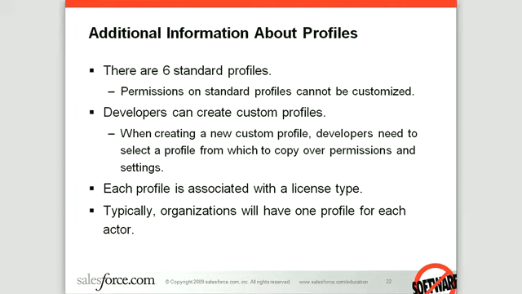Now, one of the limitations about profiles is, one, you can't associate a user with 2 profiles. You can't assign them 2 profiles. Nor can you do something where one profile inherits functionality from another profile. So there's no sort of pyramid structure to profiles. Each profile is independent of another profile.